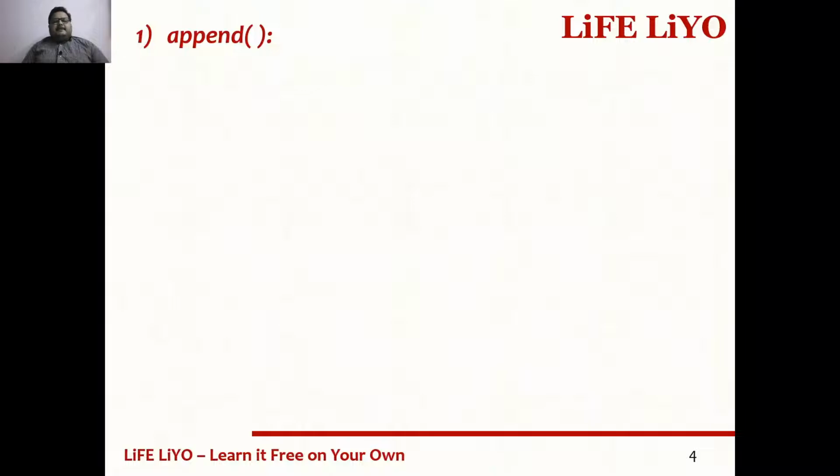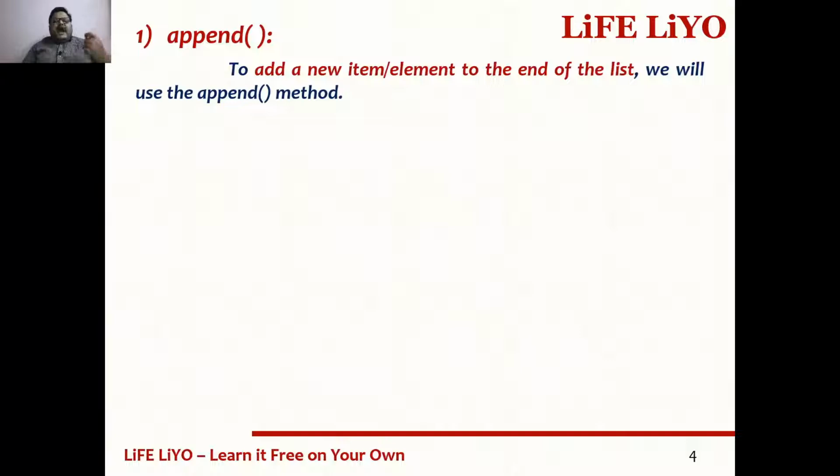Now, append. The normal meaning of append is adding at the ending, right? Like that, here append is used to add a new item or element at the ending of the list. If you want to add any element to an already existing list, at the ending, then we have to use the append method.